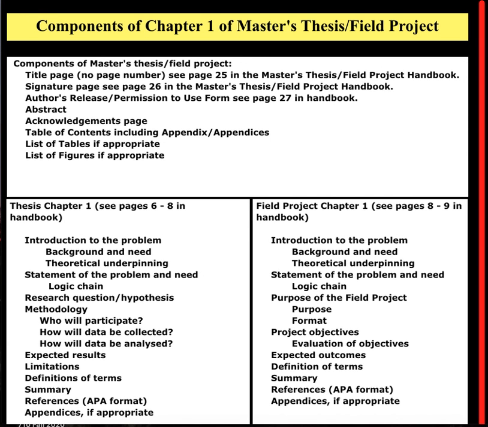And again, that's all outlined very specifically on pages 8 and 9. So if you're doing a thesis, you want to look at pages 6 to 8 in your handbook and just follow along with that. If you're doing a field project, you want to look at pages 8 and 9 in your handbook. And as I said, there is one more video in this initial introductory assignment.